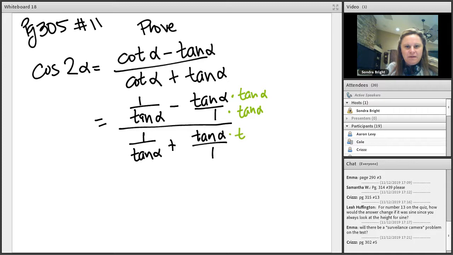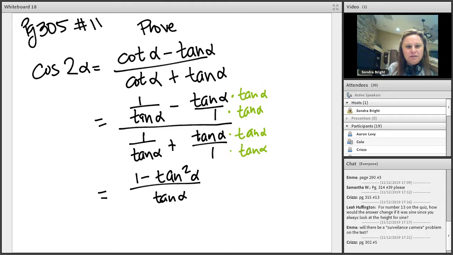And same thing here, tangent over tangent. So that you get a 1 minus tangent squared over tangent, and then all over a 1 plus tangent squared, and then over tangent.